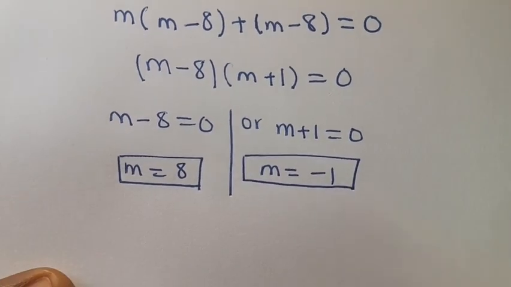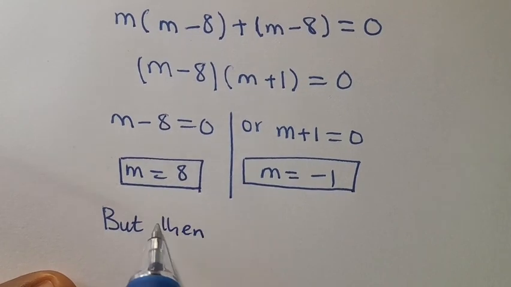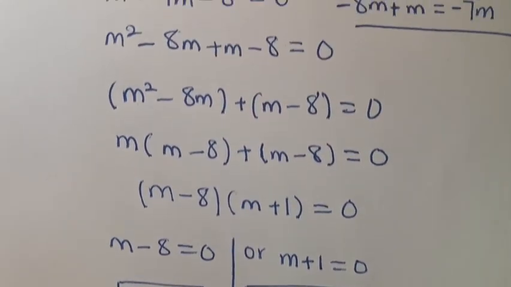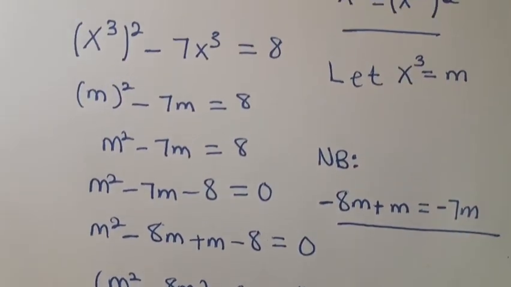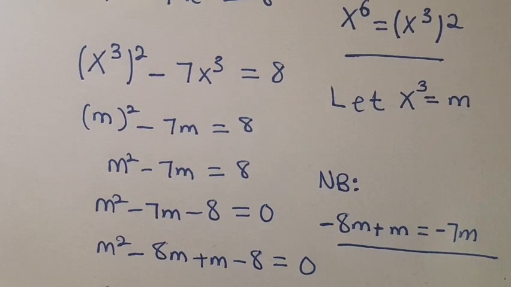So guys, let's assume we want to solve for m equals 8, but then recall that we have from the above our m equals x cubed.